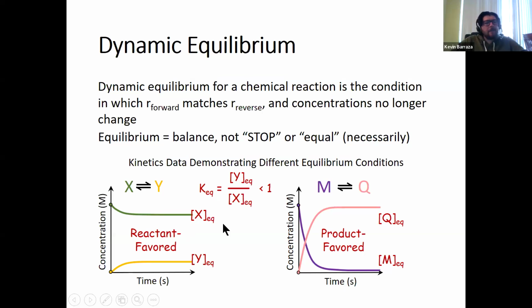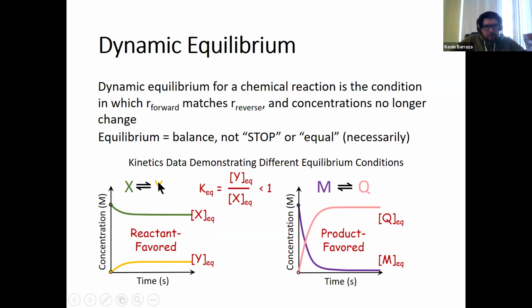So the way we can tell a reactant favored from a product favored equilibrium is by the relative changes from beginning to equilibrium. In the first graph, we started with a reactant. We did not use up a lot of reactant. We have much more reactant than product at the end. So this suggests that the reaction didn't go forward that much before it came to balance.